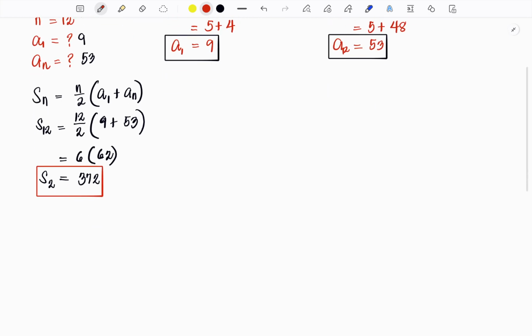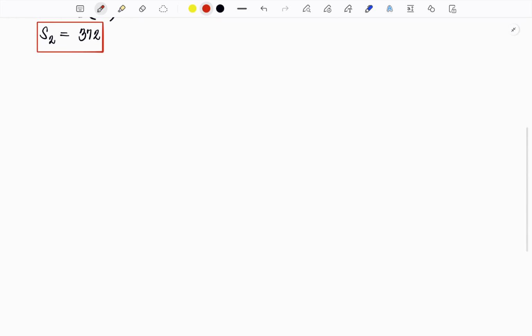So let's make some working space first. Our second approach will use the second formula of the arithmetic series, which is S sub n is equal to n over 2 times the quantity 2 a sub 1 plus the quantity n minus 1 times d.